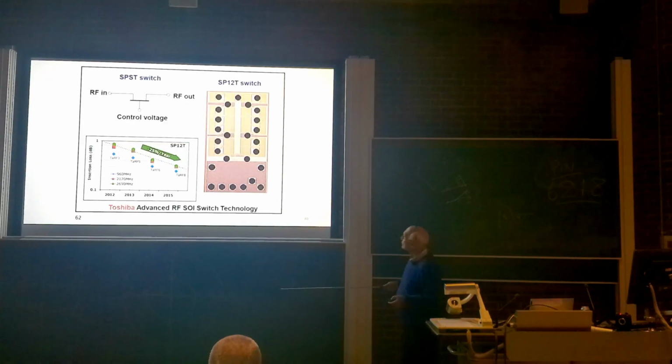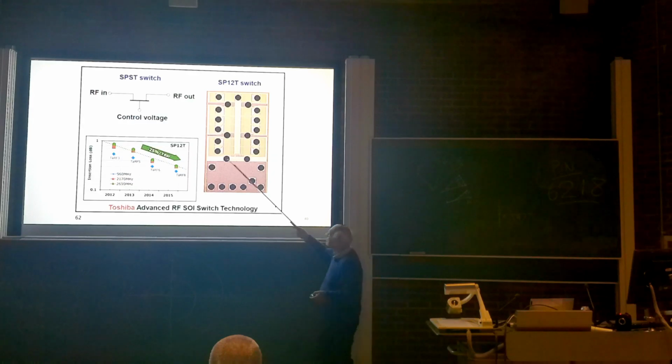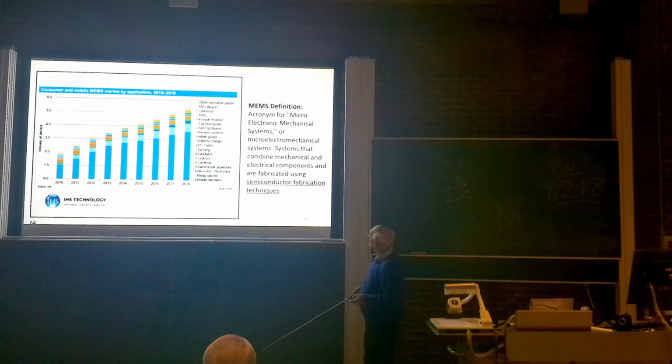Switches, this is all technology. This is the kind of switch which you would have in RF, and this is a monolithic switch, single pole, 7-throw switch. So it's got 7 outputs, single pole. But that is, I was going to say nothing mechanical about it.